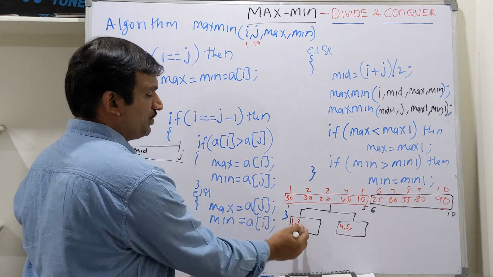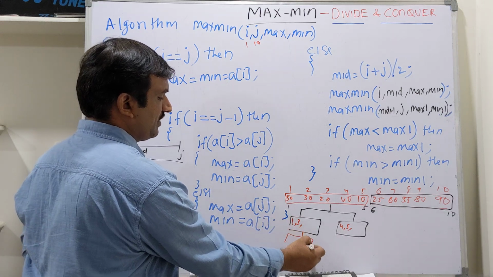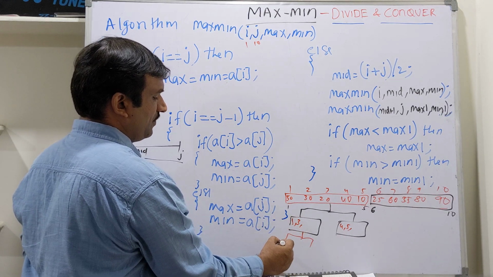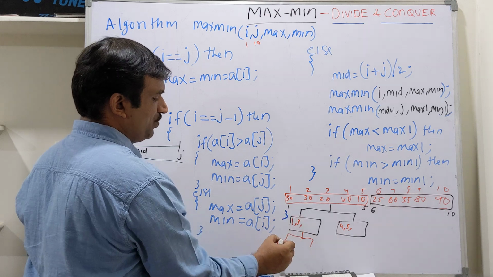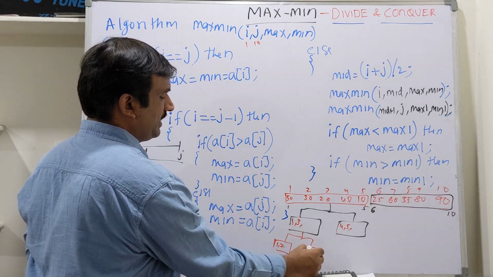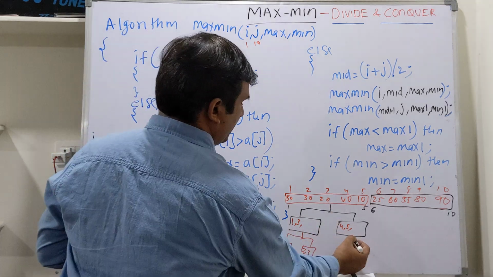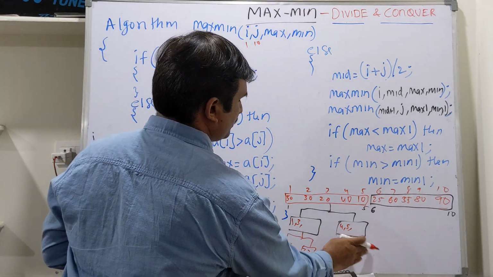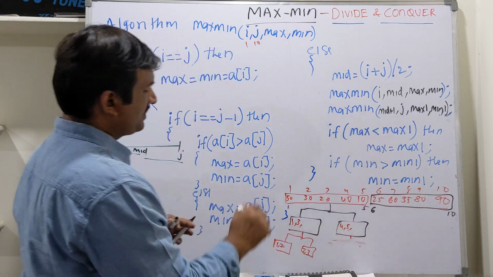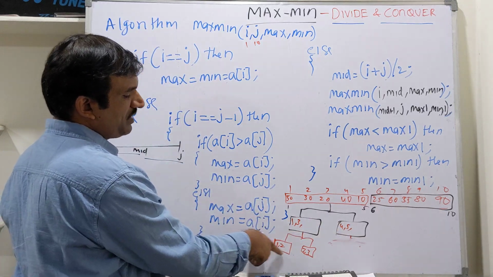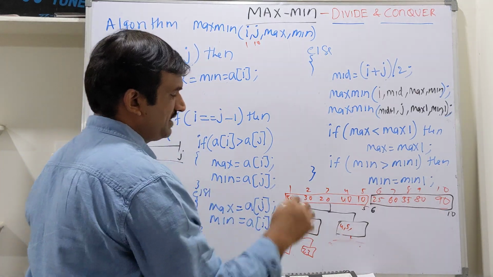Once again, 1 comma 3 has more than two elements, so we divide further: 1 plus 3 by 2 gives 1 comma 2 and 3 comma 3. Here we don't divide further. Why? Because you observe 1 comma 2 has 2 elements and 3 comma 3 has 1 element.